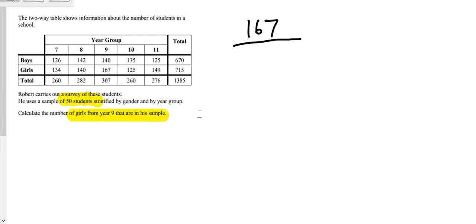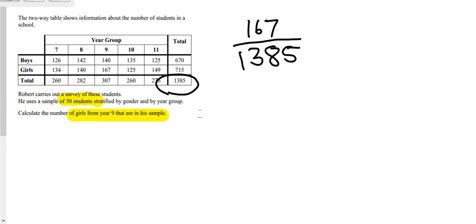We can represent this proportion as a fraction of our total population. Now, our total population is 1,385. Okay, so we found our fraction, our proportion of year 9 girls in the entire school.